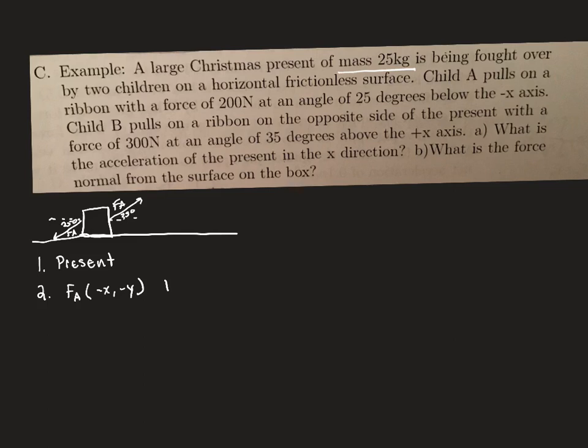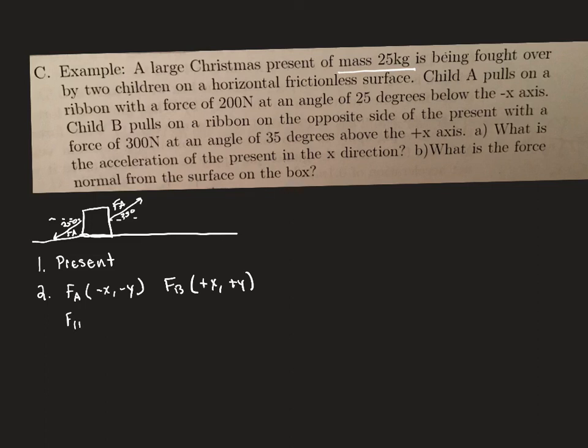We're going to have force B from child B, which is going to be positive x, positive y, because the child is pulling up and forward, so first quadrant. And the other item touching the box, or present, is the horizontal frictionless surface. So since the surface is horizontal, normal to that would be the positive y direction.